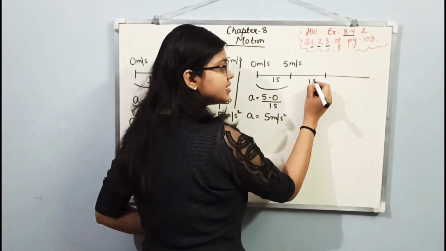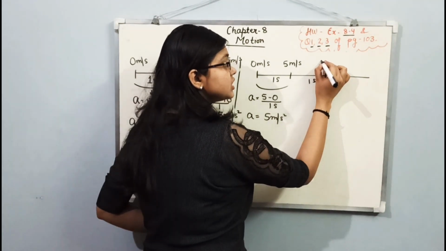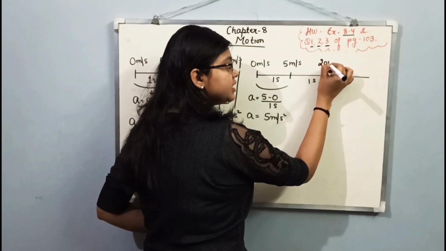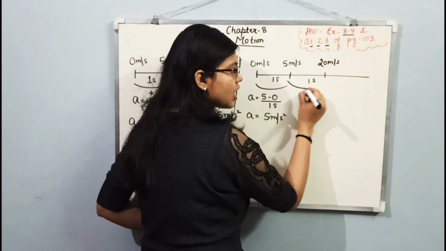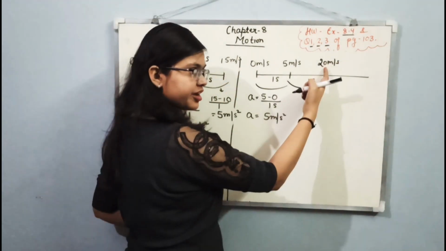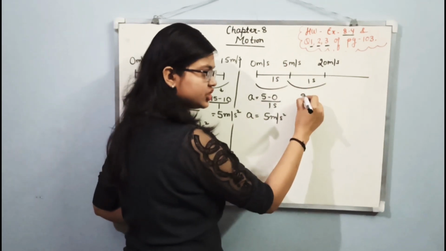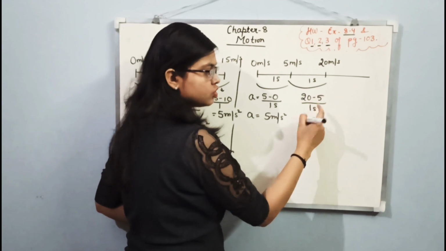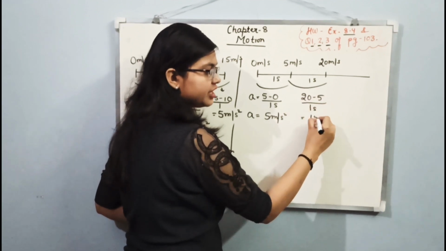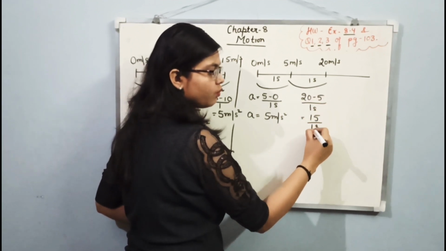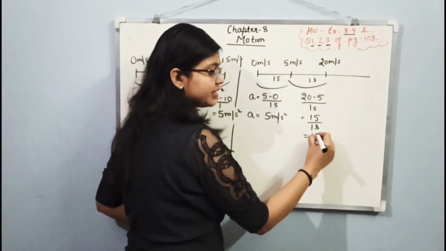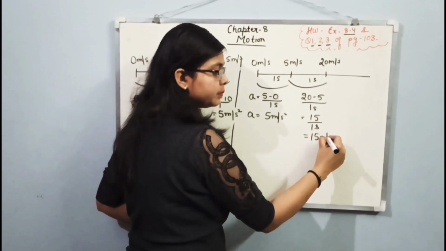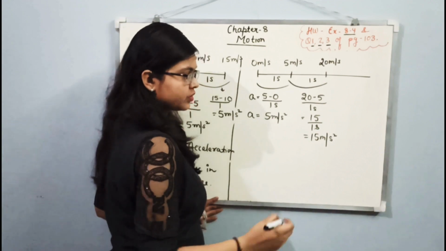Now after 1 second the speed became 20 meter per second. So now what will be the acceleration here? Final minus initial upon time taken. So 20 minus 5 will give you 15 upon 1 second. So the acceleration here is 15 meter per second square.